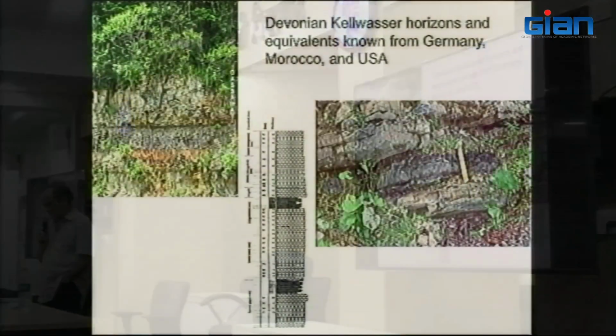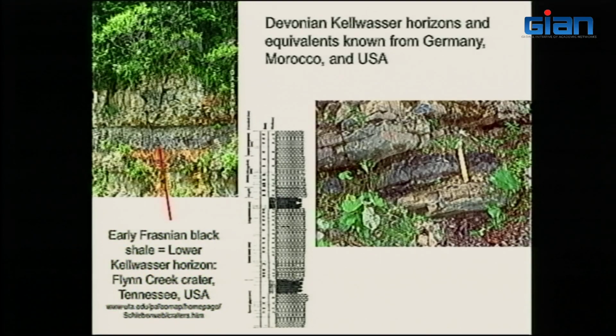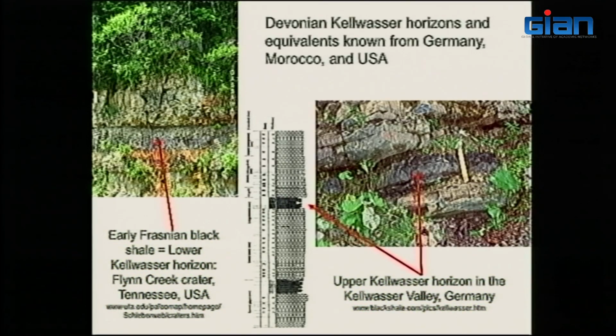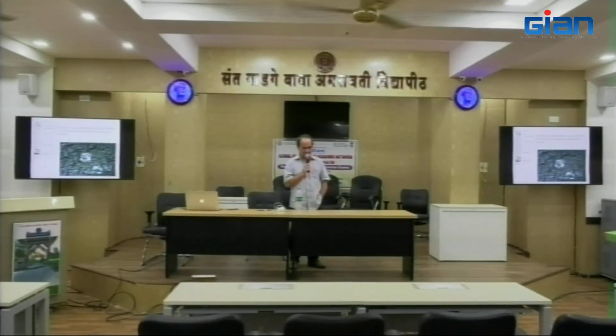Here we have seen that 2 days ago. Devonian Kellwasser horizon, equivalents from Germany, Morocco, and USA, and also these two black shale events, which are also very well distributed. In the Permian, we also have a layer which contains up to 20% of organic matter. You know how much organic matter we have in a normal rock? Just to give you an idea of what 20% of TOC, total organic carbon, in a rock means.